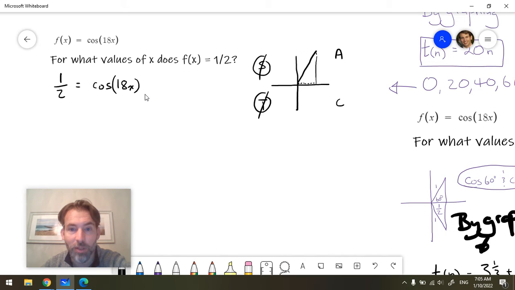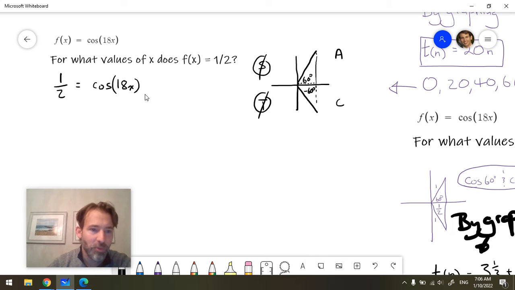And I remember that there's a special triangle that does that, 60 degrees, and then I can reflect that down here, negative 60 degrees. And those would be my two starting solutions. They're each going to generate an arithmetic series, and I can then list all the possible solutions to this equation.